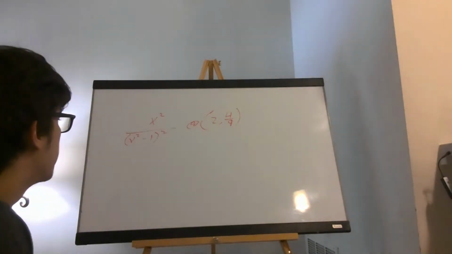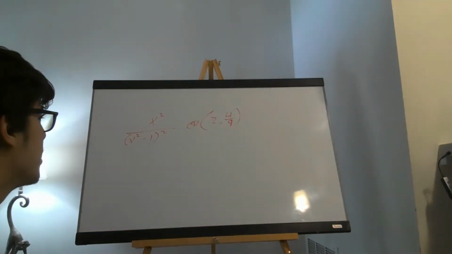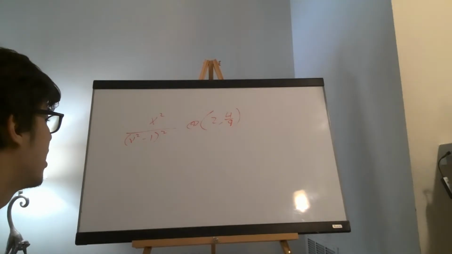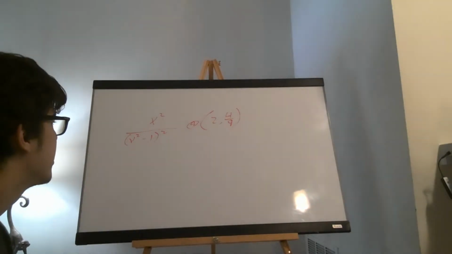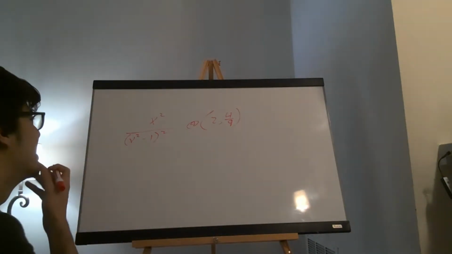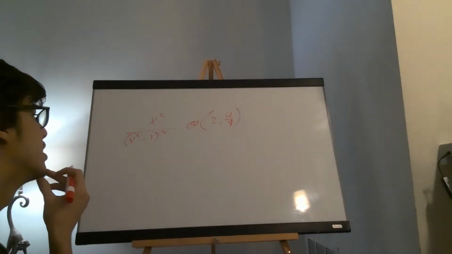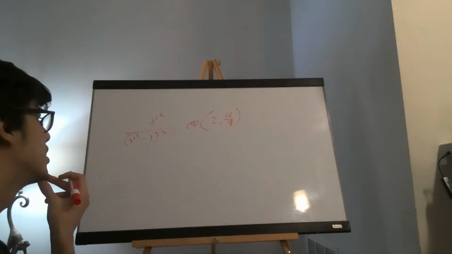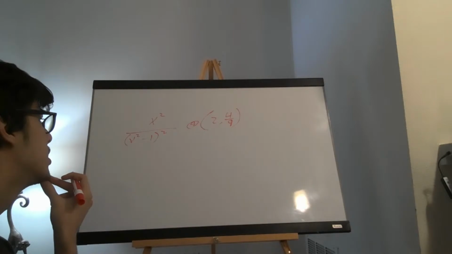All right, so this problem right here shouldn't look too bad. I mean, it probably doesn't look like a lot of fun, but it's not bad. Quotient rule and chain rule.